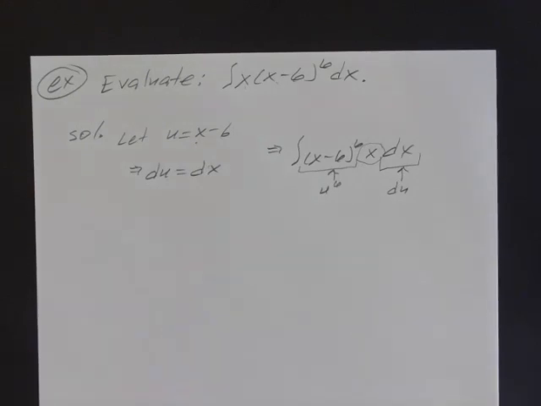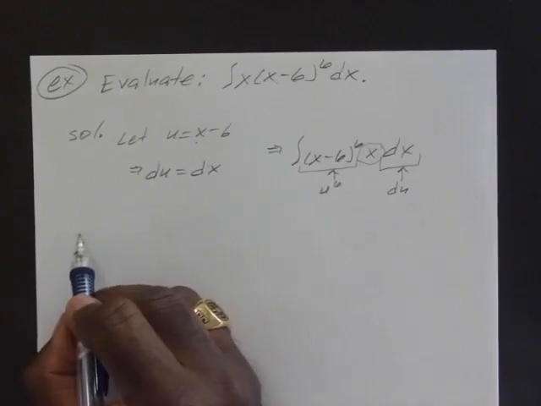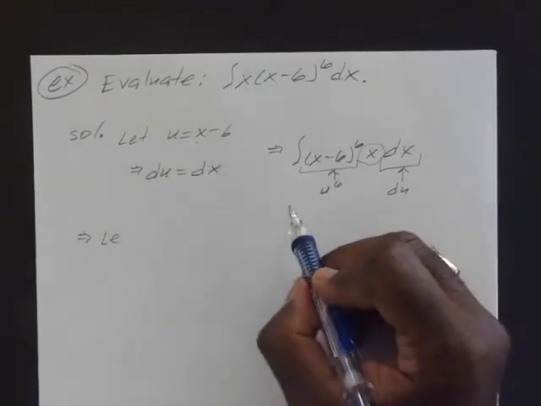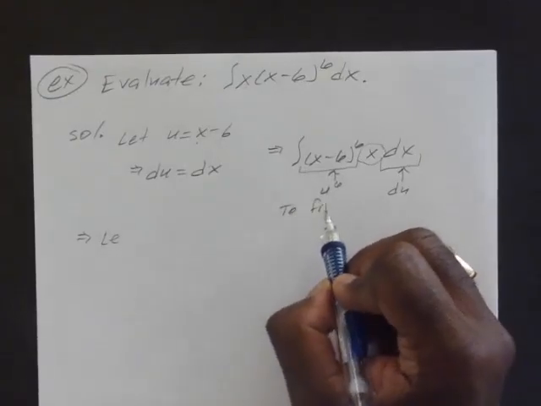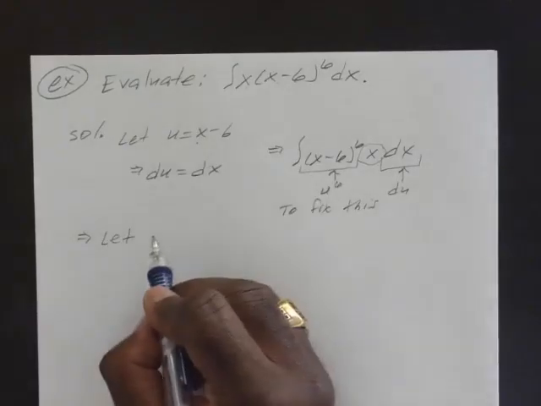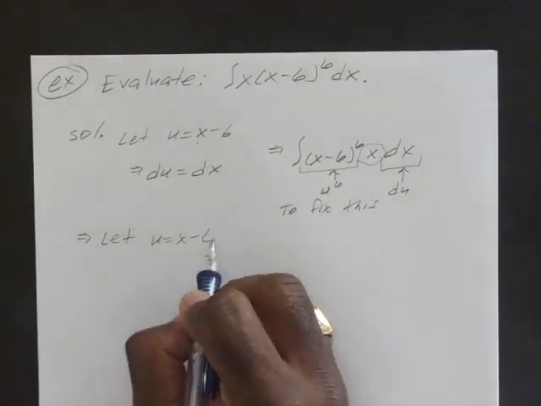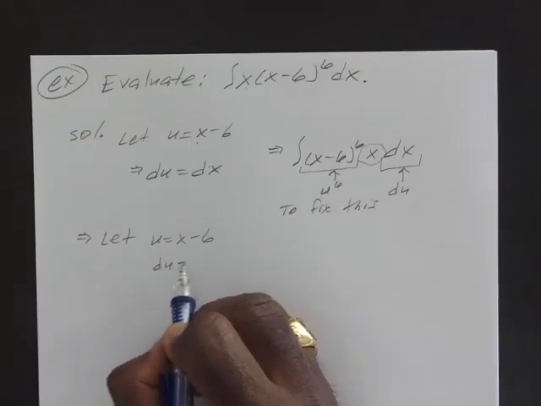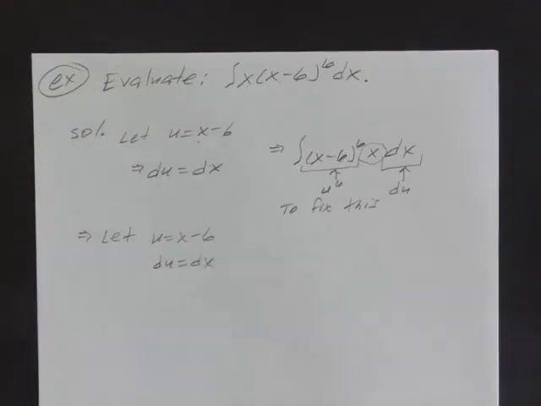Okay. So if this happens, all you have to do, once again, we're going to let, I'll just write to fix this, we're going to let u equal x minus 6. And du is still dx.